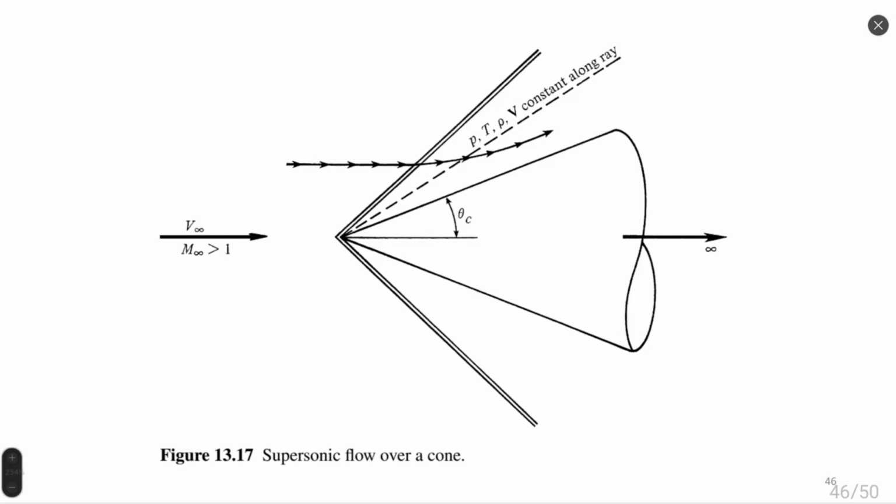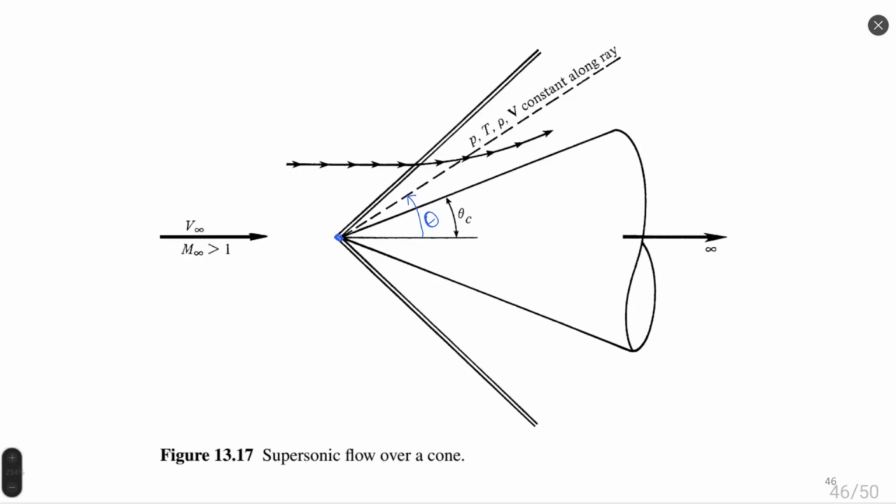This ray is a straight line from the leading edge of the body, in this case a conical shaped body, and this ray has an angle theta. So theta is the only parameter which changes from one ray to another, and all flow properties are functions of this angle. Pressure, temperature, density, and velocity are constant along a ray. This is the assumption which we have to take into account to build our flow model.